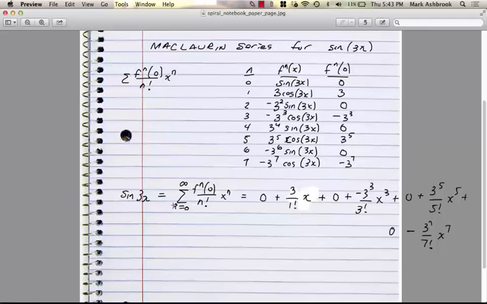Okay, so with these sine and cosine functions, every other term of the Maclaurin series is 0.